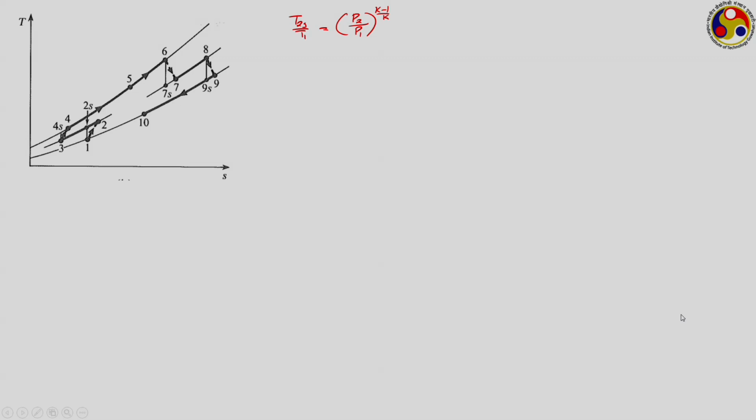Here, as we are talking about air, we should write it properly as T2S upon T1 equal to P2 upon P1 to the power Ka minus 1 by Ka, giving T2S equal to 394 Kelvin. Now the isentropic efficiency is given for the compressor.